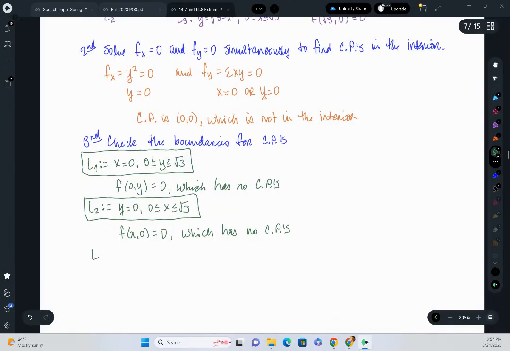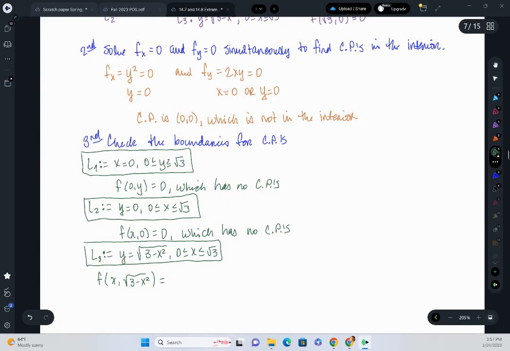All right, so L3, that's the arc. So this is defined by y equals the square root of 3 minus x squared, and x is going between 0 and root 3. Okay, that means we want to examine f of x comma root 3 minus x squared.